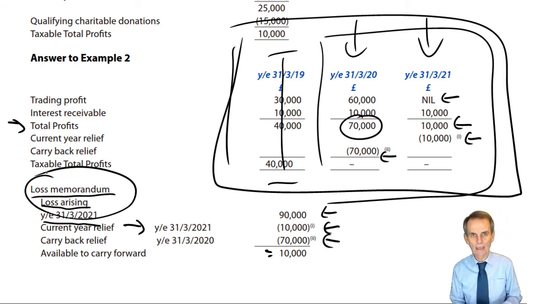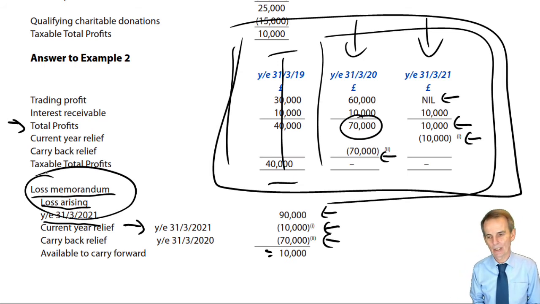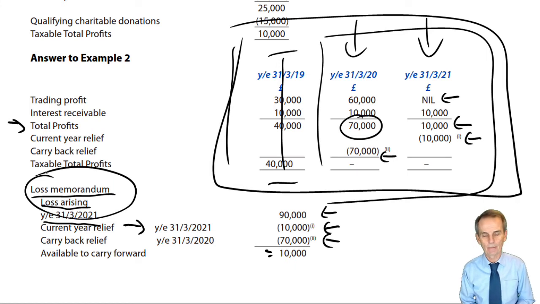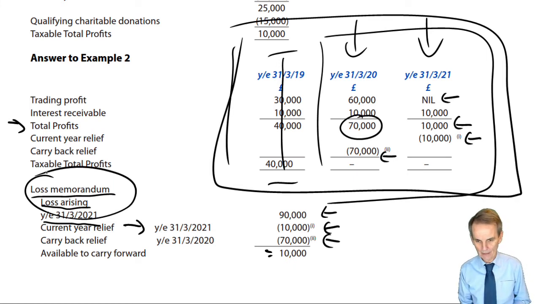Those are the two things that you need to present in terms of a section C answer to such a question. You need your columnar analysis for the accounting periods, identifying, as we've said, the total profits, and if relevant, any qualifying charitable donations, and leaving space for where the loss reliefs are applied.